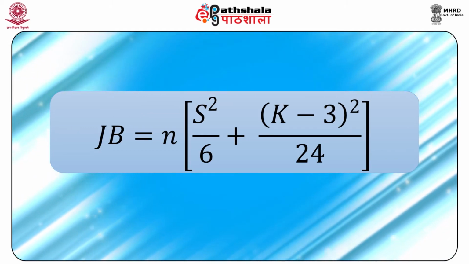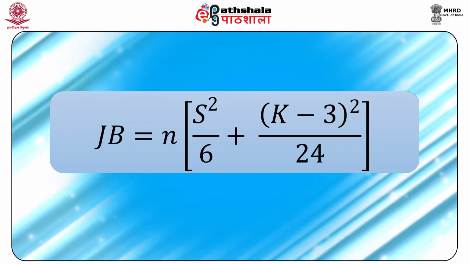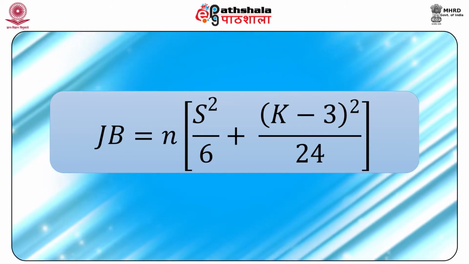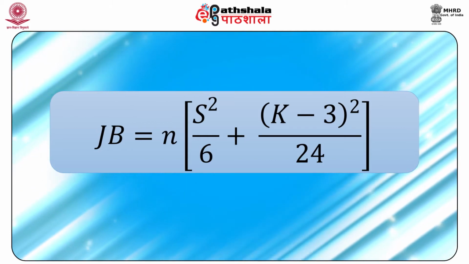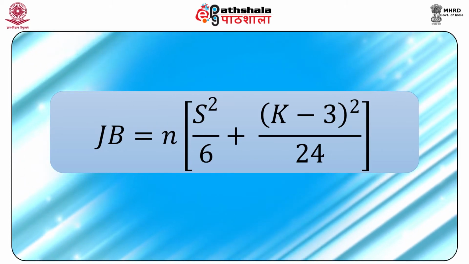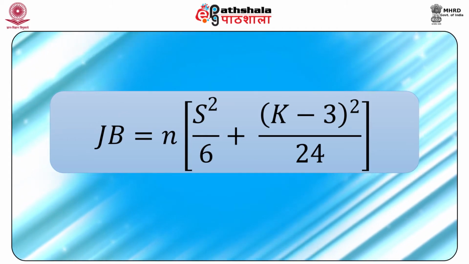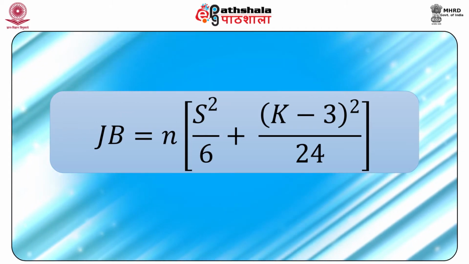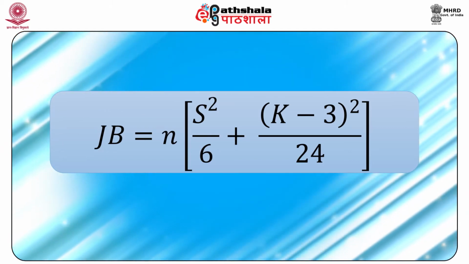Now under the null hypothesis, JB is distributed as a chi-square statistic with 2 degrees of freedom. Students, you can see in this formula that if skewness is 0 and kurtosis is 3, then both the terms, the first term and the second term in the bracket, will tend to be equal to 0, and therefore the Jarque-Bera statistic will be close to 0.